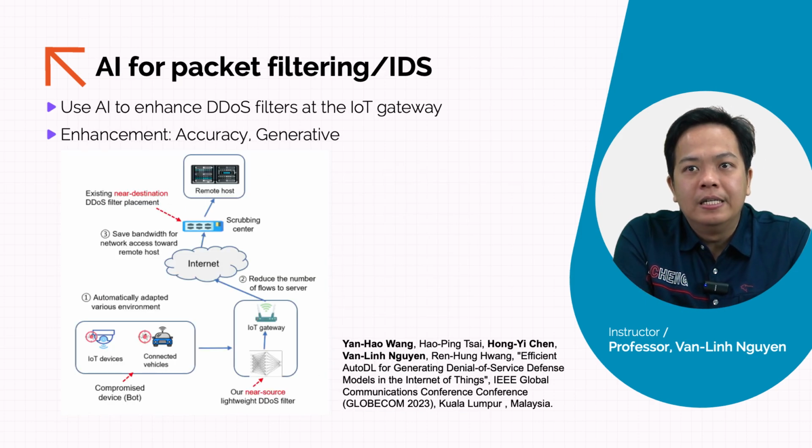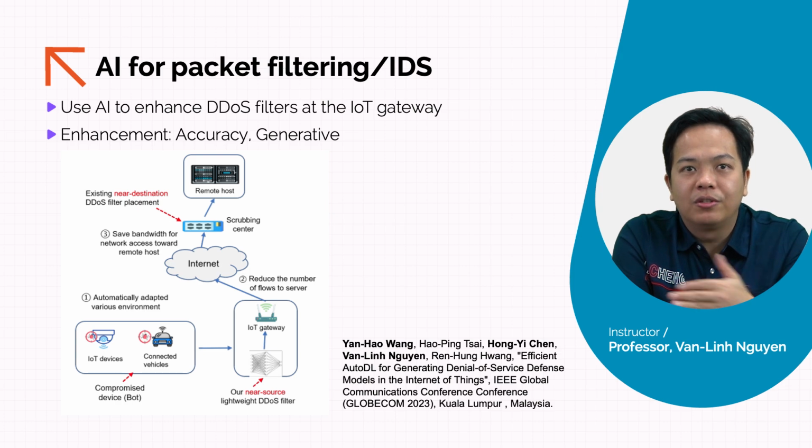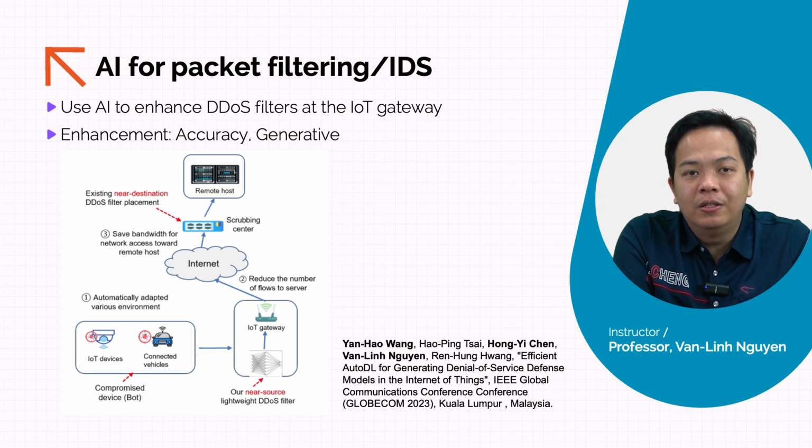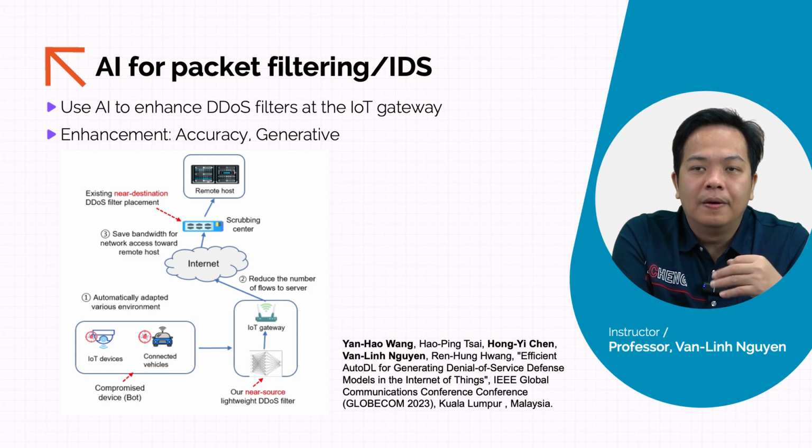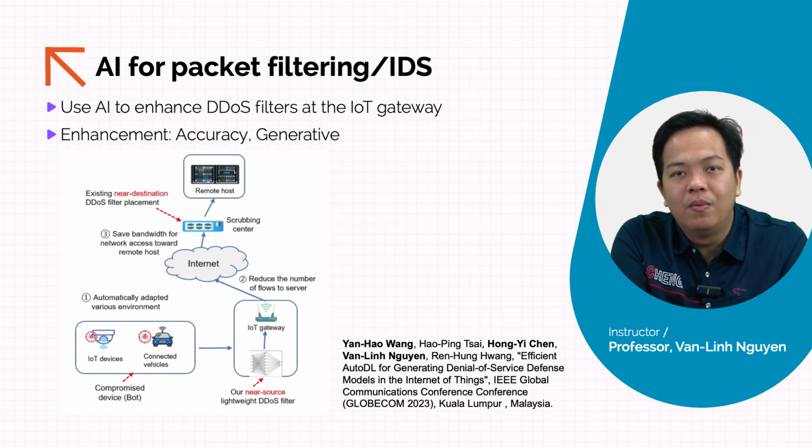And here is one example. We can use AI for packet filtering near the source. This is our paper. We use AI for enhanced distributed denial of service filtering at the IoT gateway. Like when you have a home router, and some PC on the network in the lab or the campus just got injected by some malware.